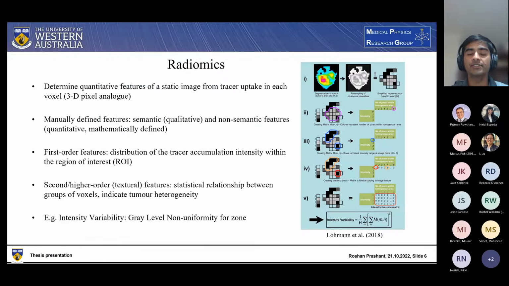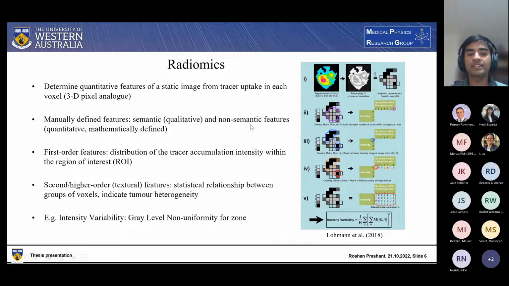Another frontier in the research of FET PET analysis is the inclusion of radiomics analyses, and this involves the determination of quantitative features of a static image from the tracer uptake within each voxel. A voxel is the three-dimensional analog of a pixel. The radiomics features analyzed in this study are known as manually defined features, which are split into semantic and non-semantic features.